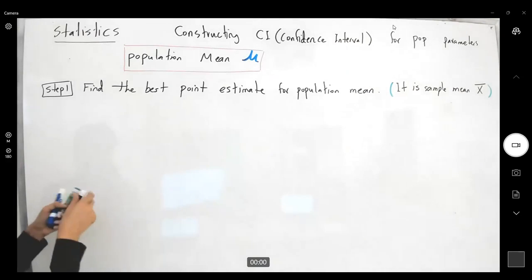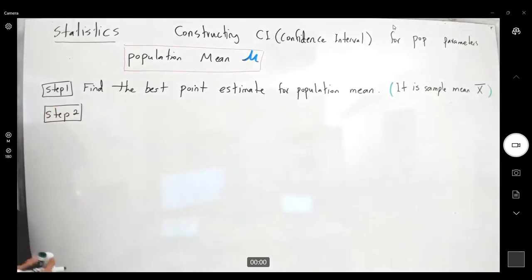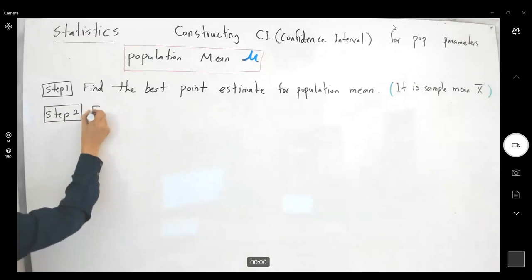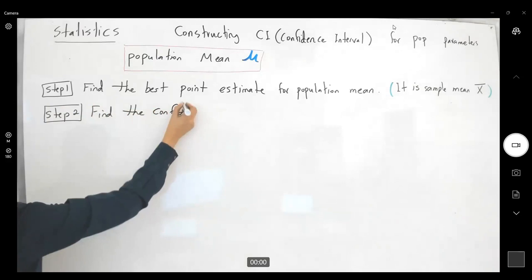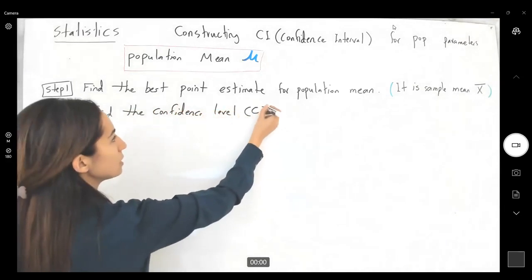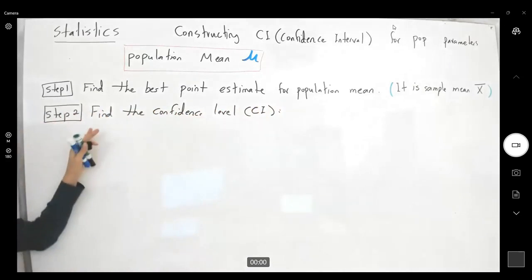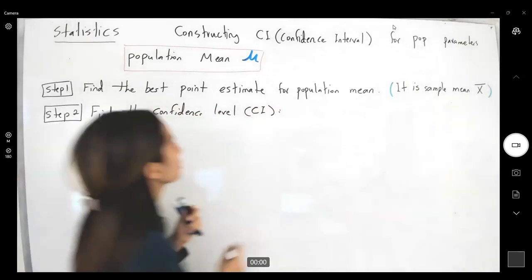Very good. In the second step, step two, you're going to find something that you call the confidence level, or CI. When we are talking about the confidence level, we are talking about the probability that the interval contains the population parameter.